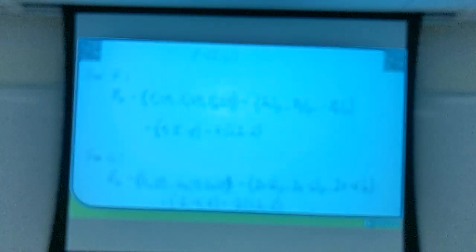One's a scalar multiple of the other. Negative 2 times NG, doesn't that give you NF?